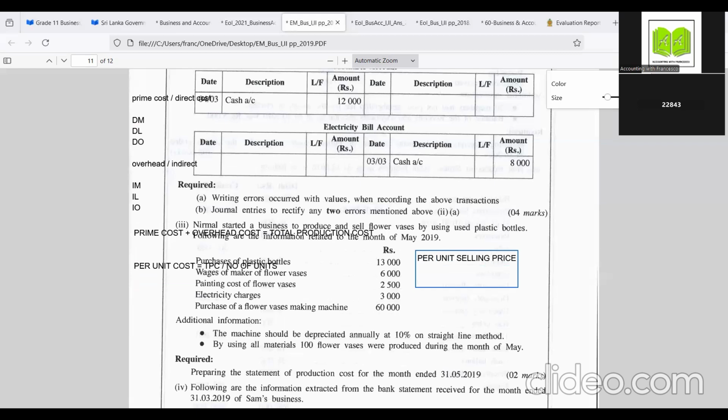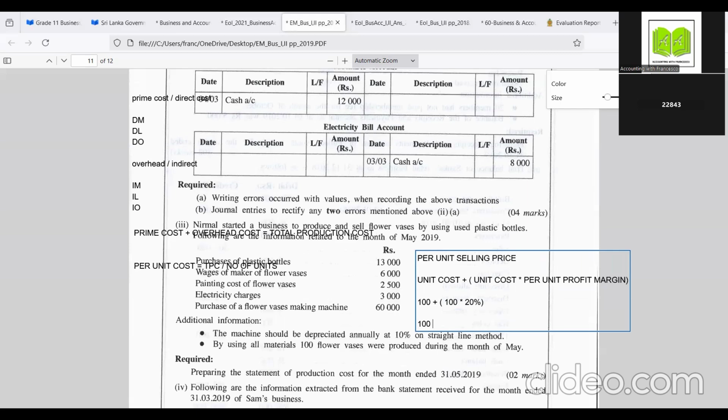Per unit selling price, per unit cost plus open bracket, per unit cost into per unit profit margin, right? Per unit cost plus, now let's say unit cost is 100 plus 100, let's say a percentage will be given to you in the exam, multiply by 20%.